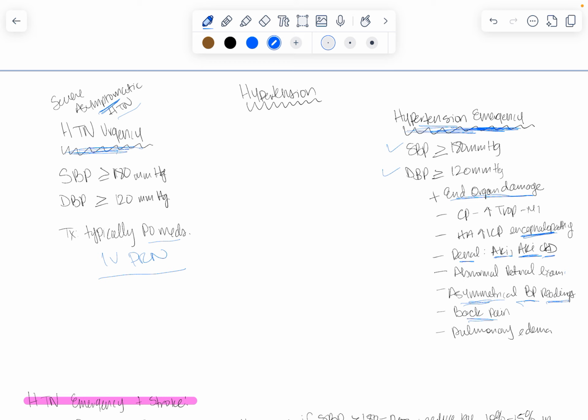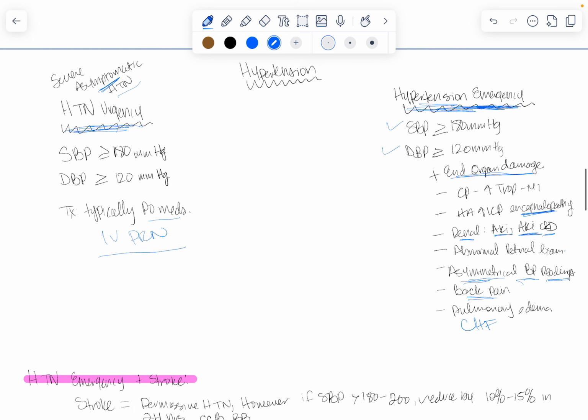Or they have elevated blood pressure and now they have CHF with pulmonary edema. Okay, crackles. You look at their chest x-ray, they have pulmonary edema. All right, so what I want to focus on more today is the hypertensive emergency, and these examples will go through it.